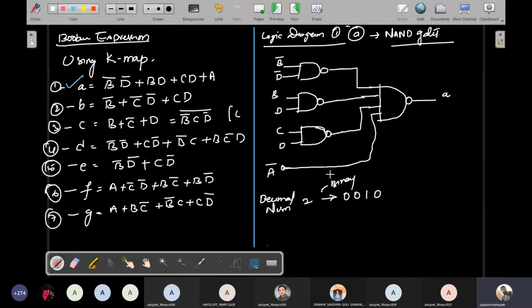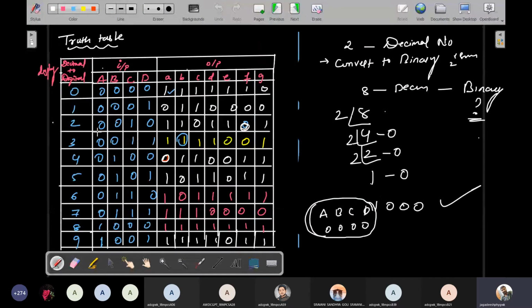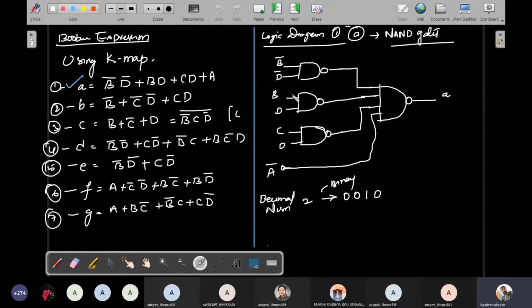So this is the conversion to a binary number. 2 is a decimal number and 0010 is its binary input. So please check once again, 0010 is the binary digit.